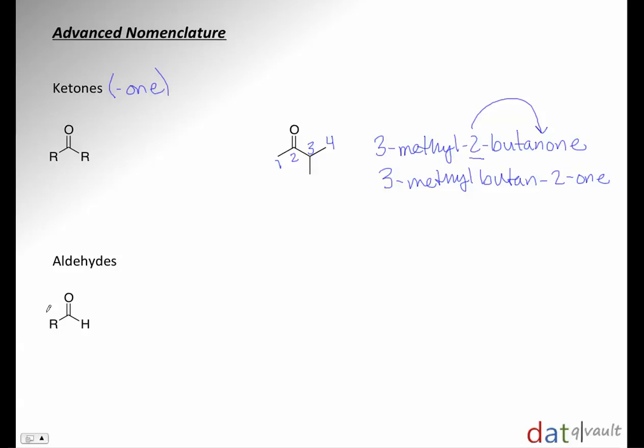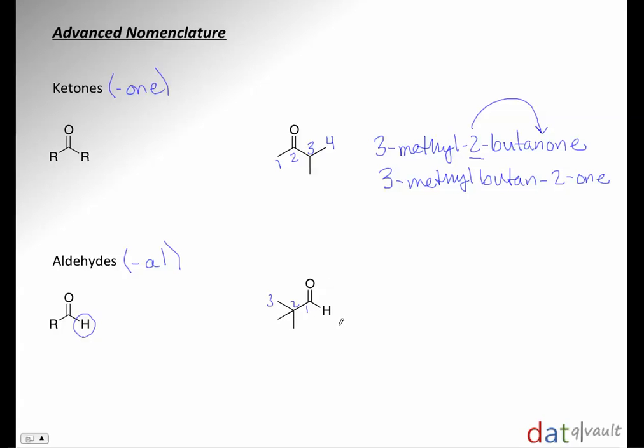Alright, now let's take a look at aldehydes. Aldehydes are very similar to ketones, except instead of having 2 alkyl groups, we have a hydrogen in place of one of the alkyl substituents. Aldehydes have the suffix -al. Let's take a look at this molecule as an example. Again, we want the carbonyl to be at the lowest number on the longest carbon chain, so we're going to number it this direction.